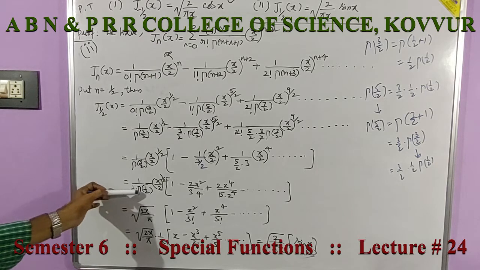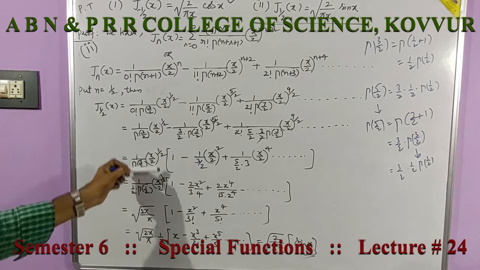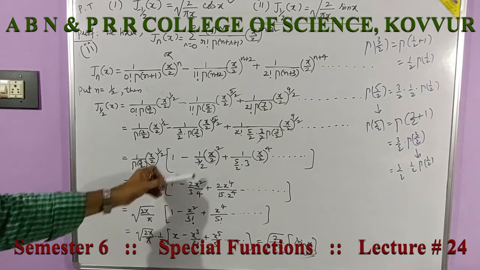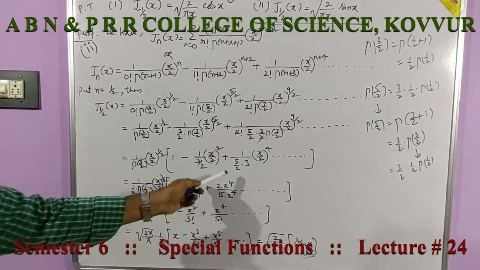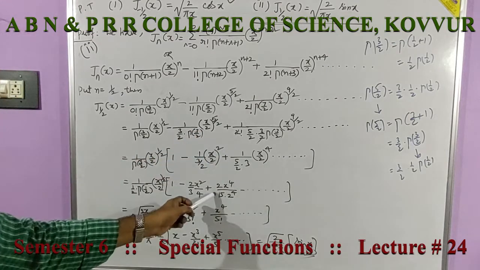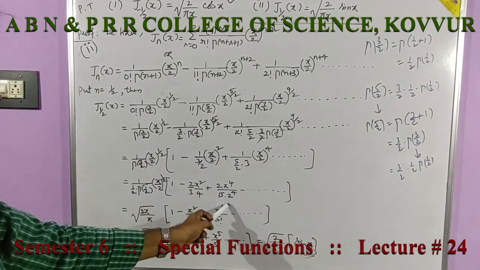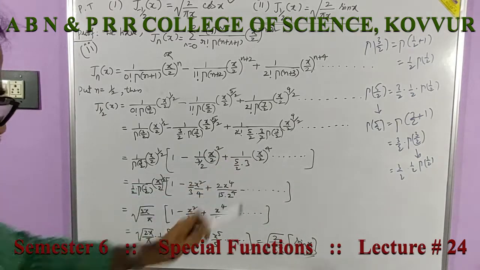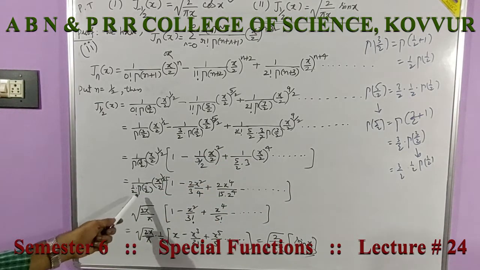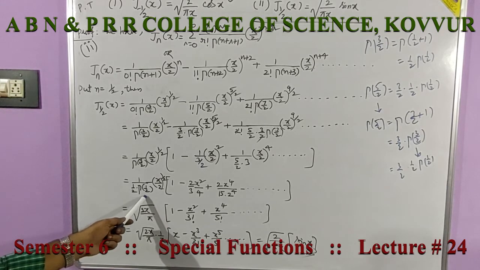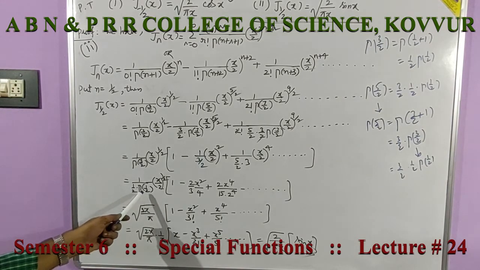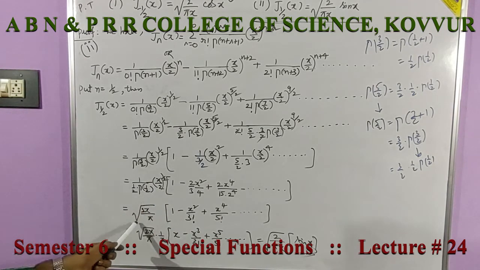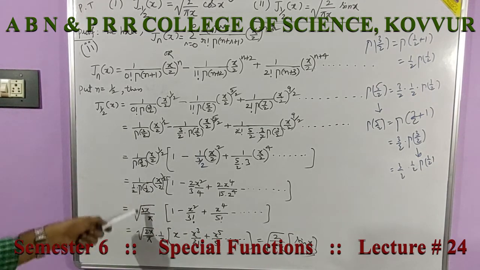Gamma 3 by 2 is 1 by 2 gamma 1 by 2, so we have x by 2 power 1 by 2 into 1 minus this, which is 2 by 3, x square by 4, and this is 2 by 15, x power 4 by 2 power 4. Simplifying, gamma half is root pi, and you have root 2 by 2, that is 1 by root 2, which comes into the numerator.